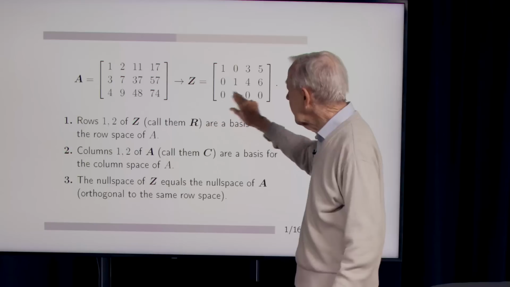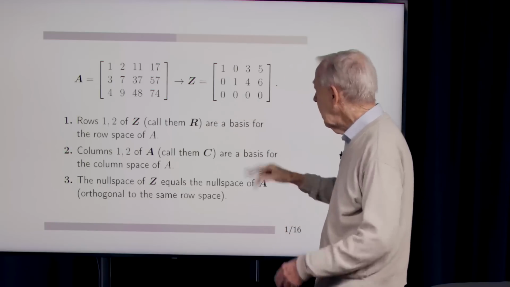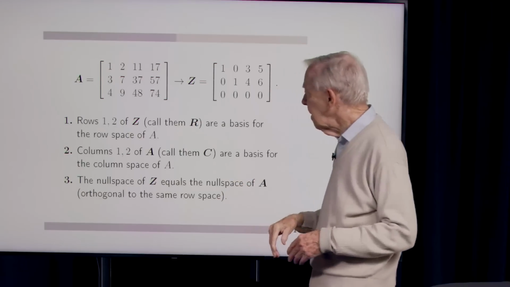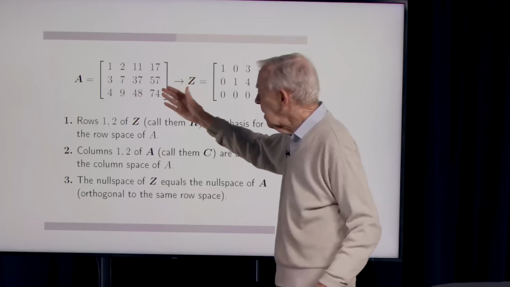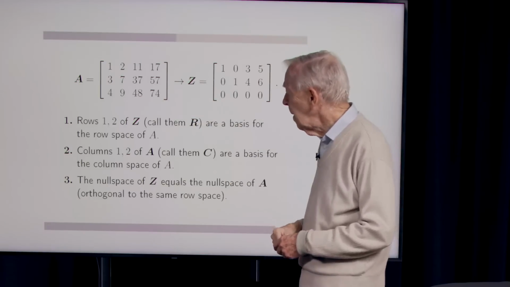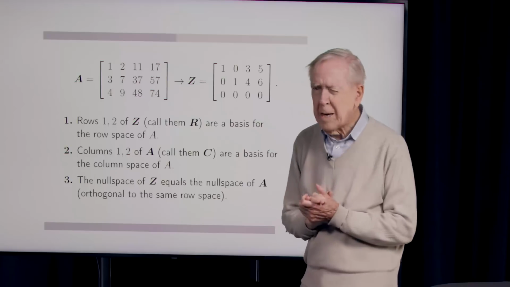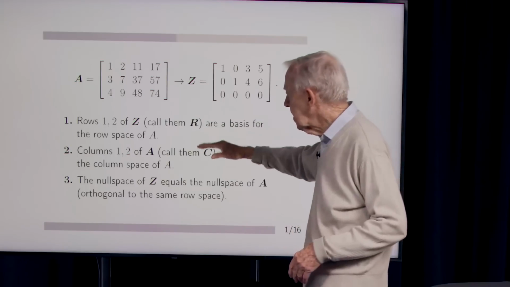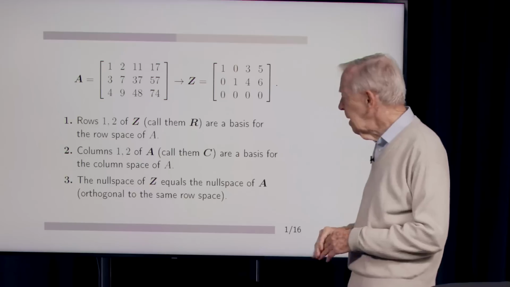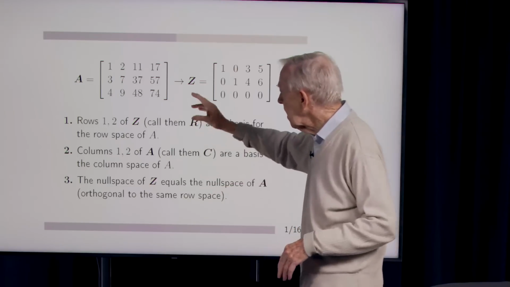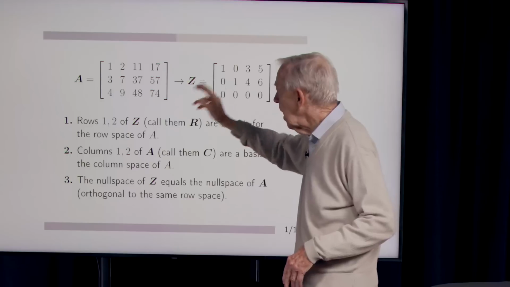So solving ZX equals 0 is easy, and we'll do it in a minute, and it gives the same solutions as AX equals 0. So that's what elimination achieves. These subspaces move into a simple form and are connected in a nice way from A to Z.